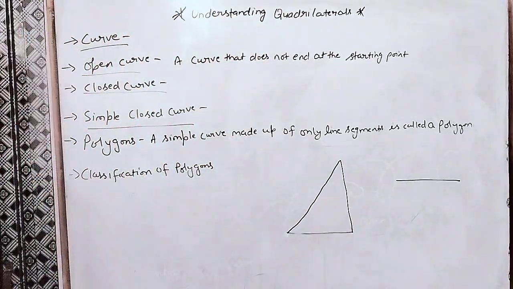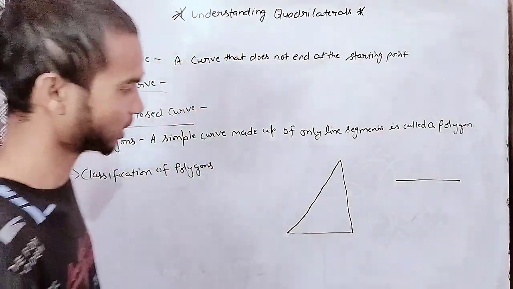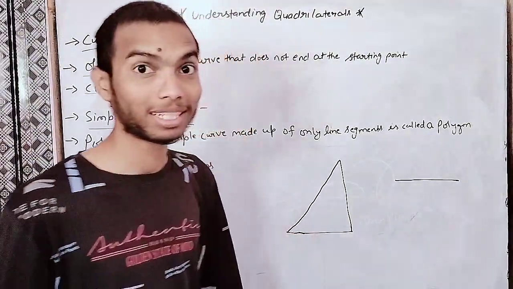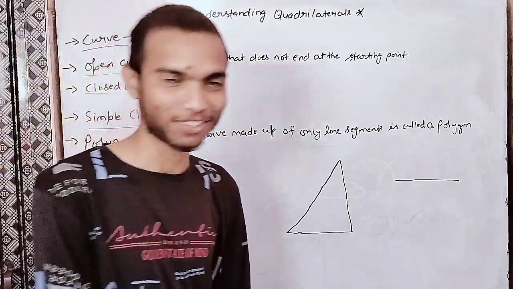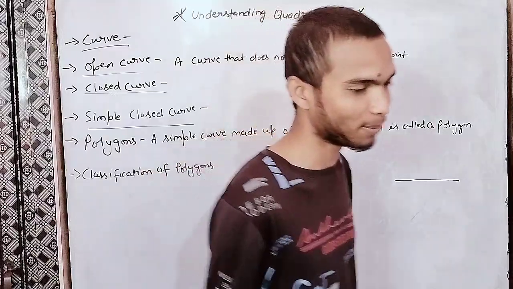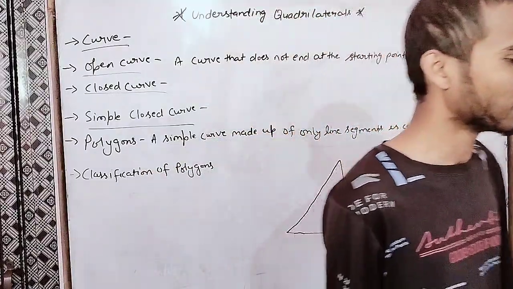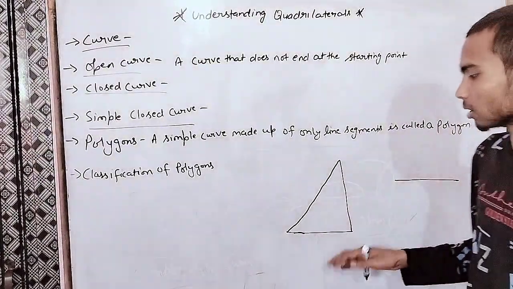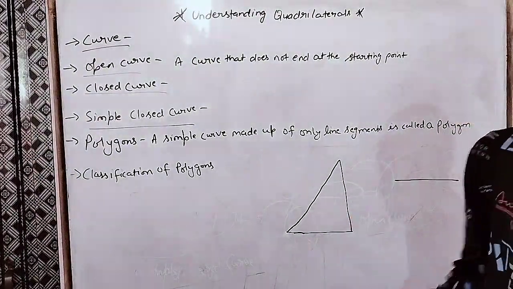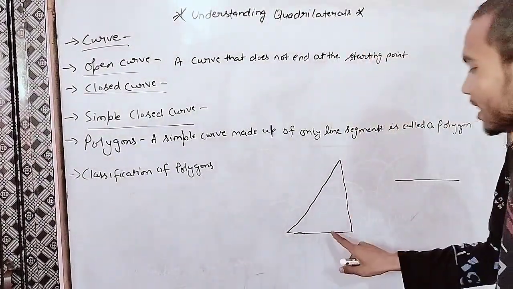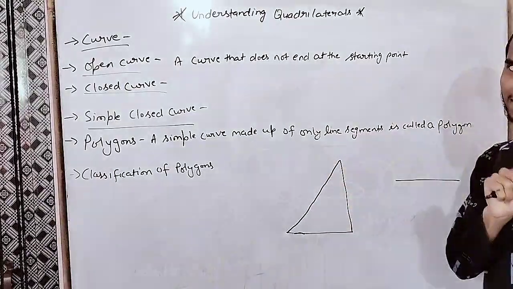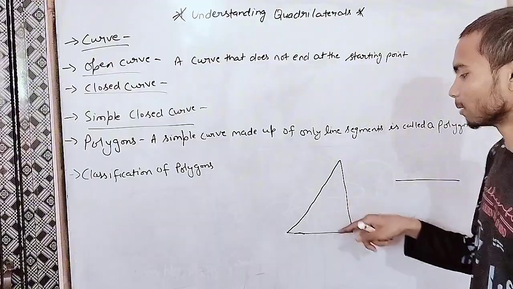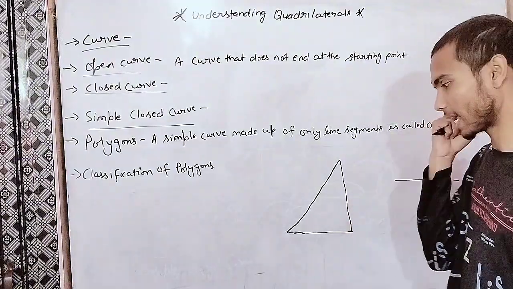This is what is called a polygon. Can you tell me the name of this polygon? Triangle, yes, of course. We create a triangle with the help of three line segments. This is one, this is two, this is three. Then we are able to create this triangle.